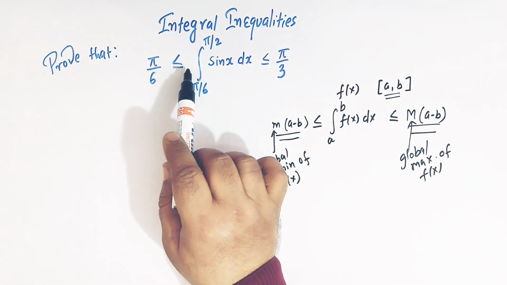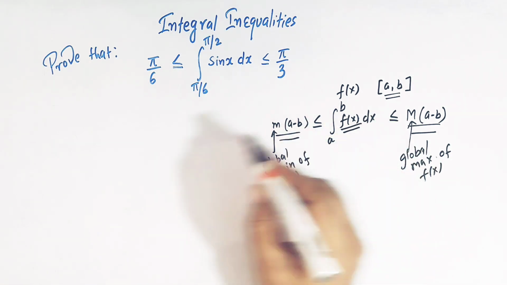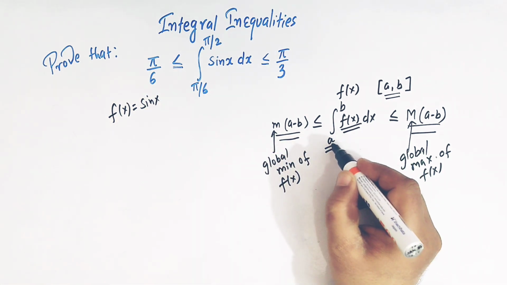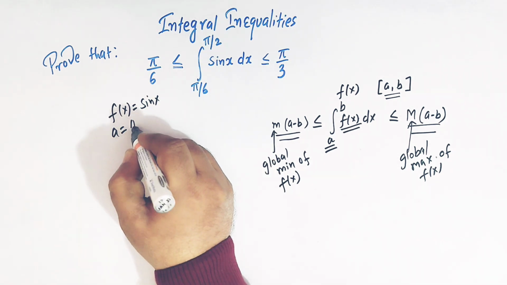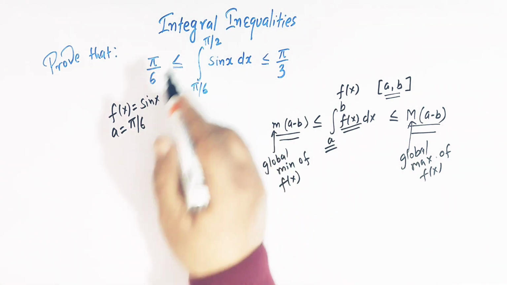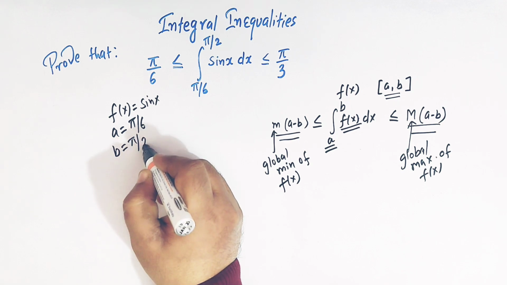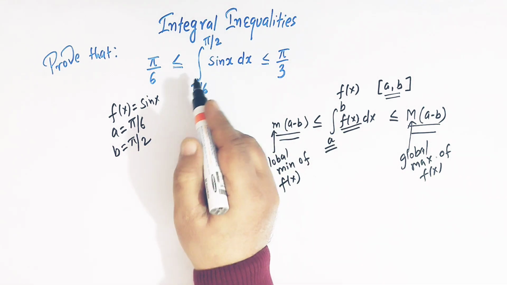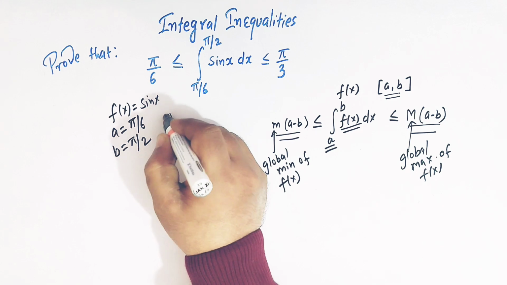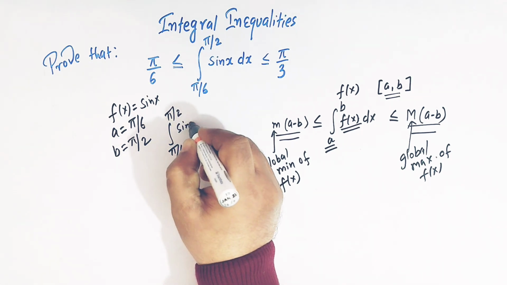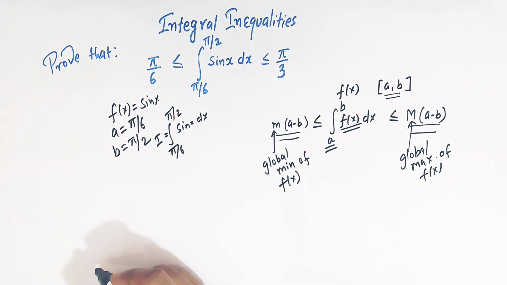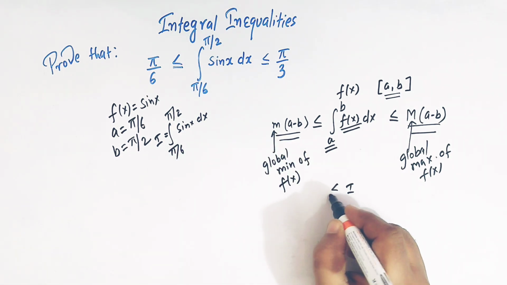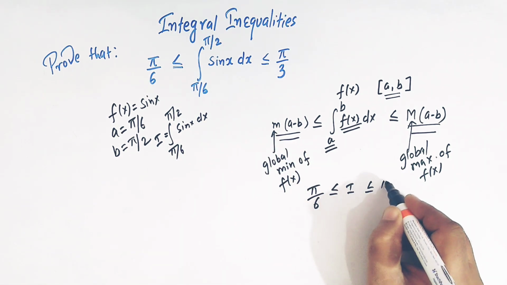So in this problem we are given f of x. Our function f of x is sine x. The lower limit a is pi by 6, the upper limit b is pi by 2, and let us denote this integral, that is the integral from pi by 6 to pi by 2 of sine x dx, by I. We have to show that the value of this integral I lies between pi by 6 and pi by 3.